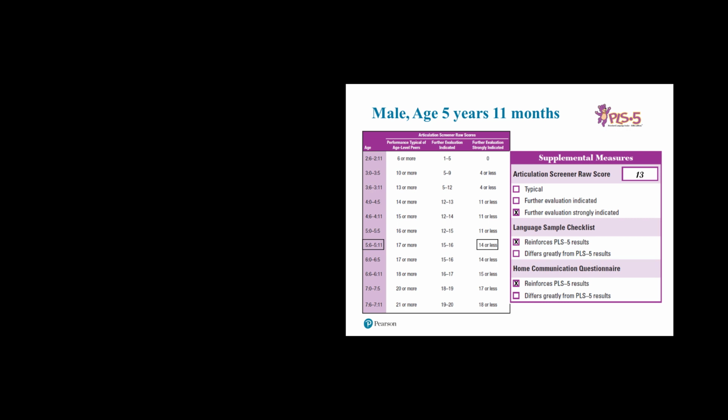Other supplemental measures used to support standard score results were the language sample checklist and the home communication questionnaire. Measures like this not only provide further evidence to support a decision for services, but they also help with developing goals and a treatment plan, and they serve to help make recommendations to the family in order to support the efforts at school.